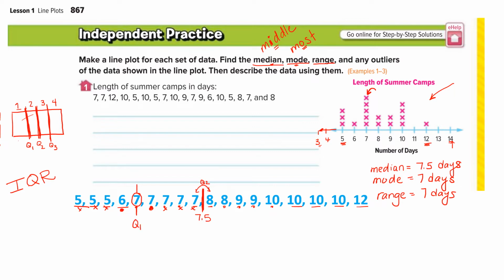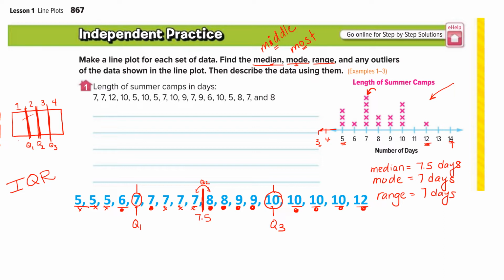We're going to find the upper half, which is quartile 3. So we're going to go left, left, left, left, right, right, right, right, middle. This is quartile 3.